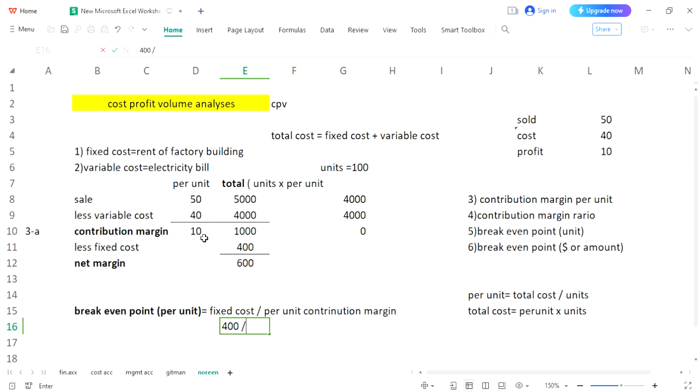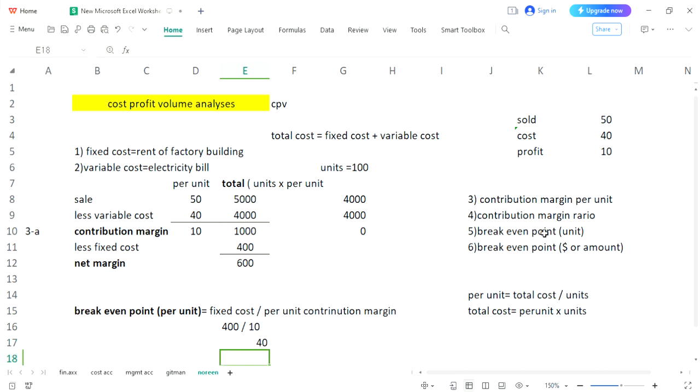So this would be your per unit contribution margin, and if you will divide your fixed cost by per unit contribution margin, you will get break even point per unit. So how much that break even point would be? For this 400 is being divided by 10, 40 would be considered your break even point per unit.